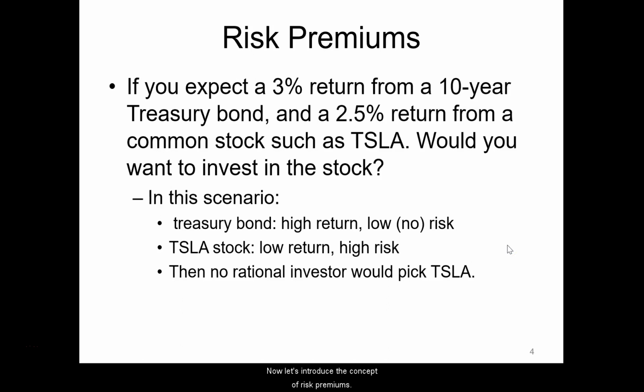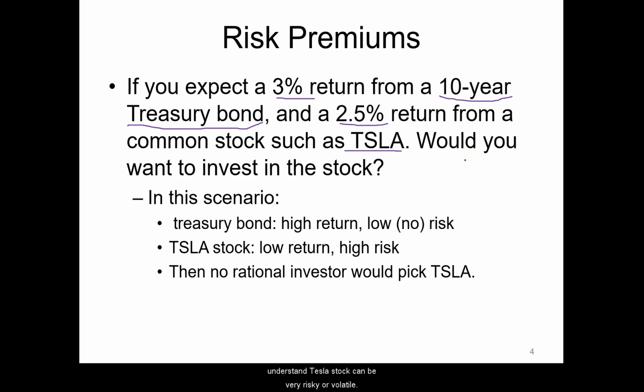Now let's introduce the concept of risk premiums. Think about this. If you have a 10-year treasury bond, as we recall from chapter 7, treasury bonds usually are considered very safe or risk-free investments. So if we can expect a 3% return from this risk-free investment, and then we only expect a 2.5% return from a common stock such as Tesla.